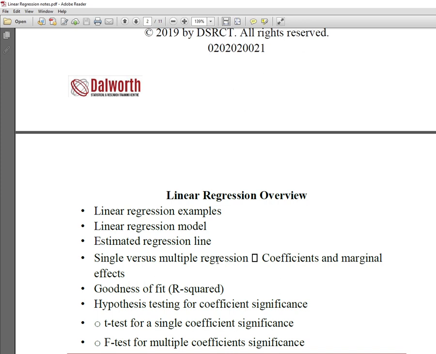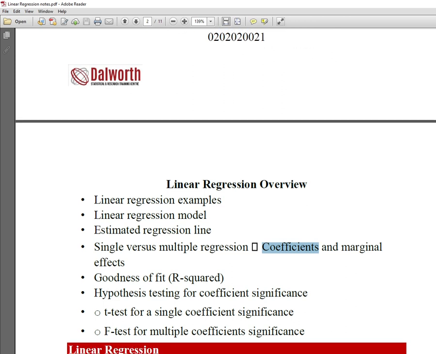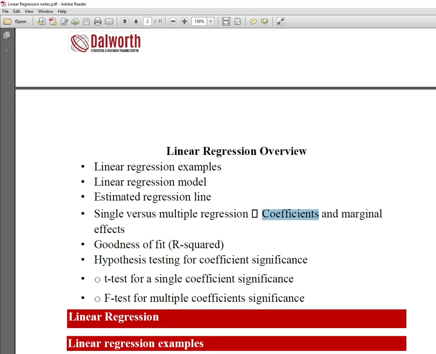We'll look at how to interpret the coefficients, which is the most important part. But before you jump into interpretation of the coefficient, you need to do some tests, and there are three of them.